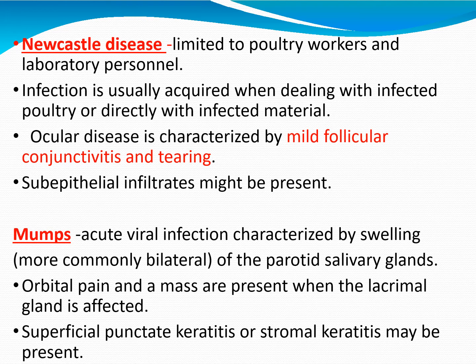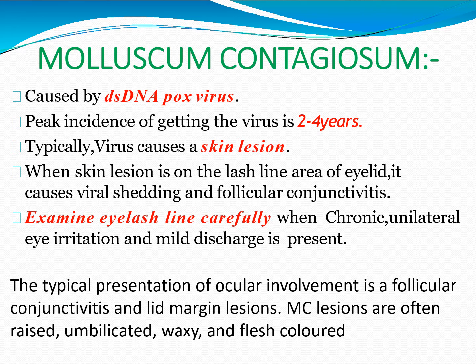Ocular disease is characterized by mild follicular conjunctivitis and tearing. There may also be subepithelial infiltrates. Mumps is an acute viral infection characterized by swelling of the parotid salivary glands. It causes orbital pain, and a mass is present when the lacrimal gland is affected. Superficial punctate keratitis or stromal keratitis may be present.